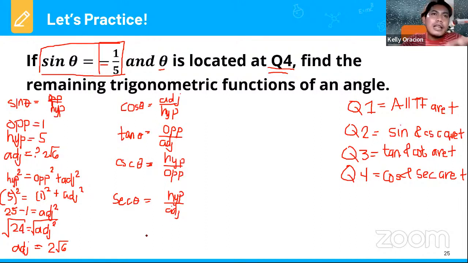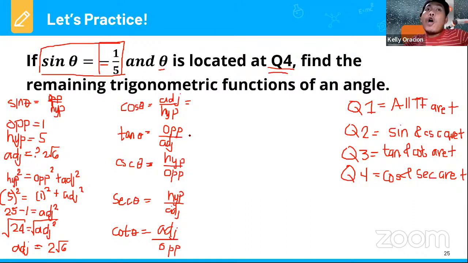Namali lang ko, sorry. Then lastly, the cot. Cot theta is adjacent over opposite. Now we already have the values of adjacent, hypotenuse, and opposite.